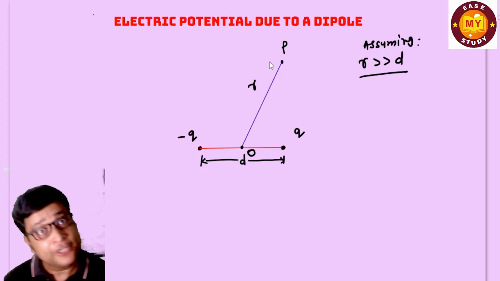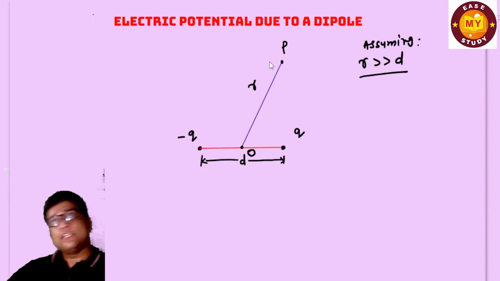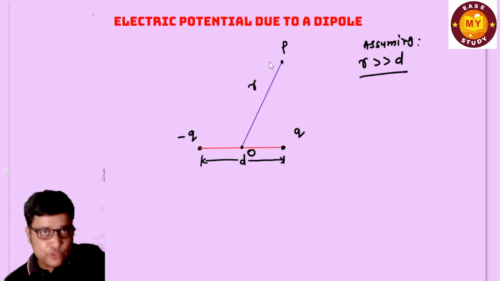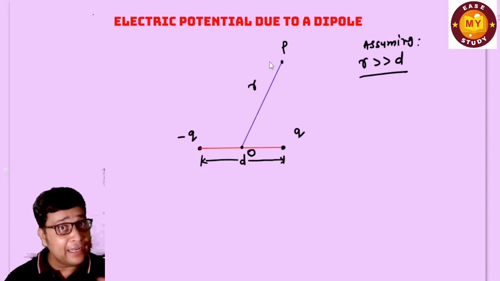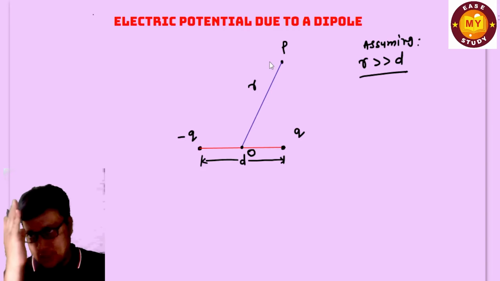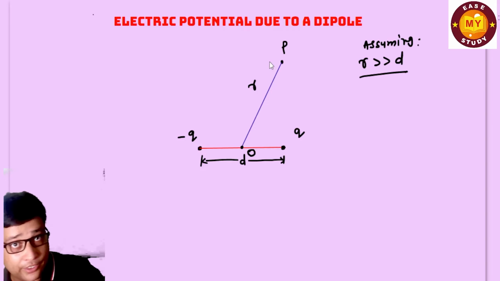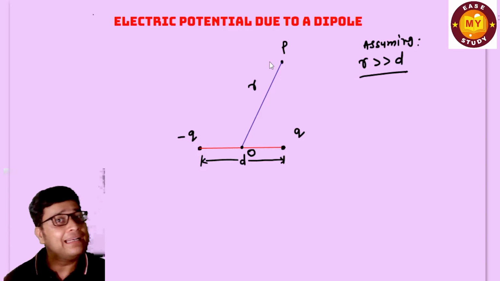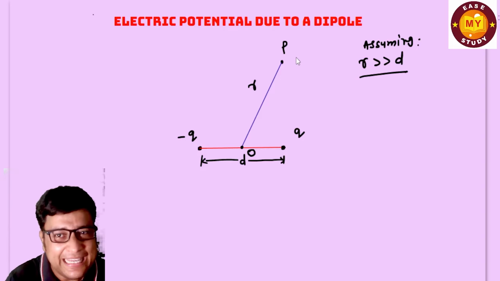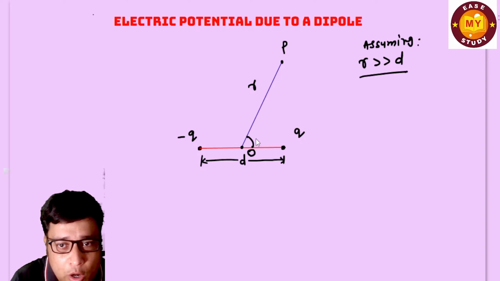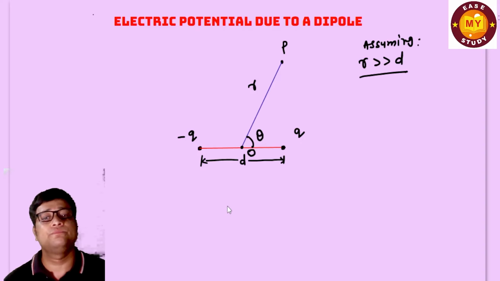If it is at 90 degrees, or at 0 degrees, what will happen? Generally, we don't make the derivation for 90 degrees or 0 degrees. Here we'll make the general case when point P is at some angle theta.